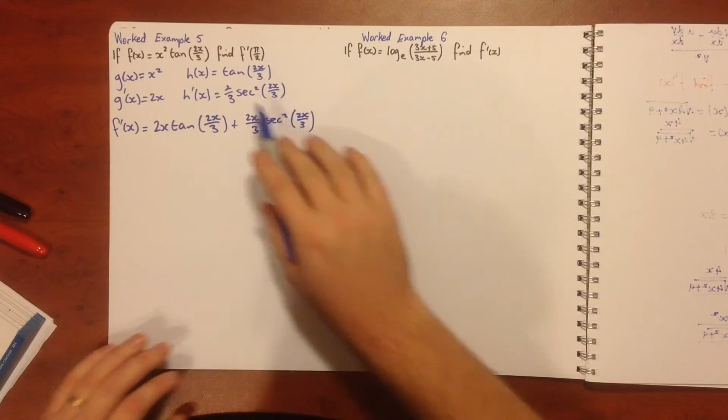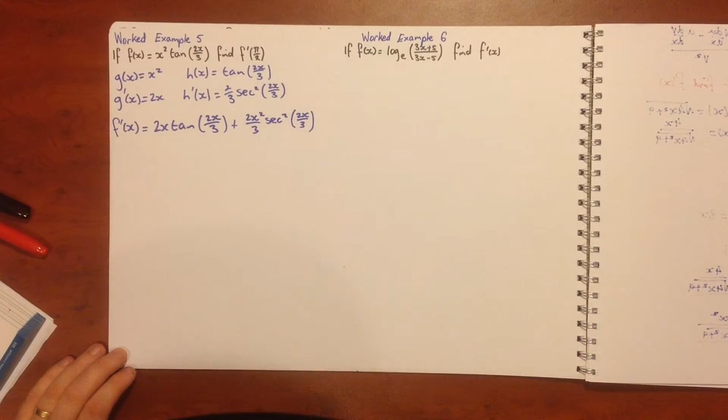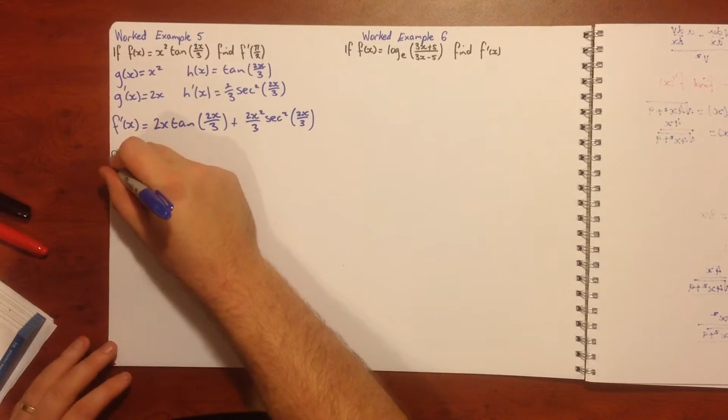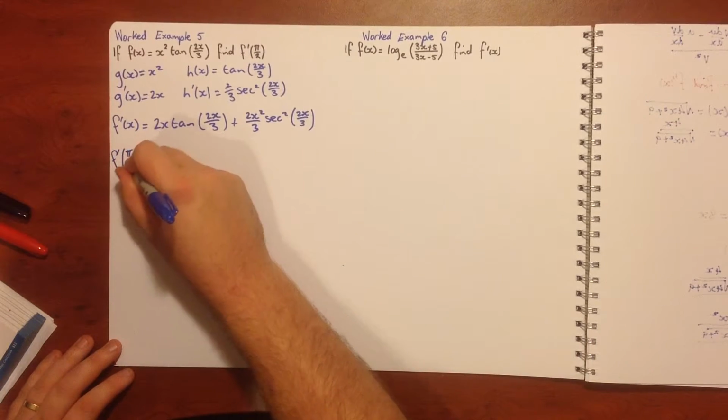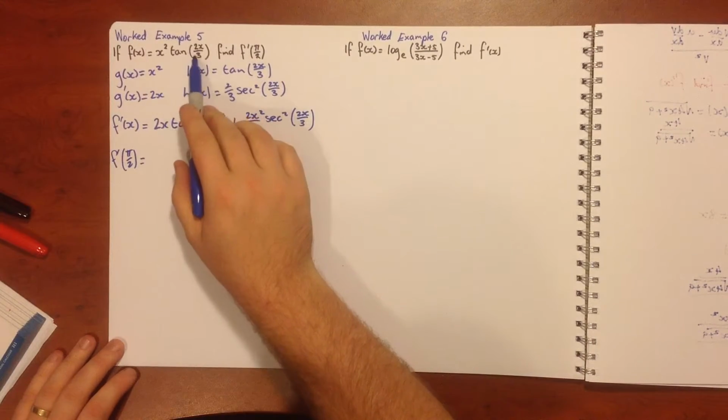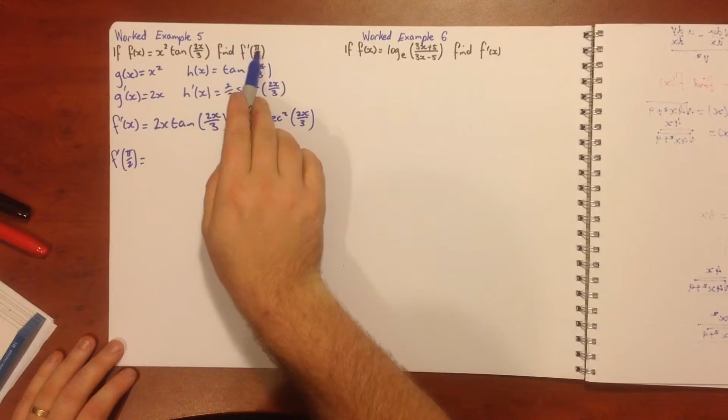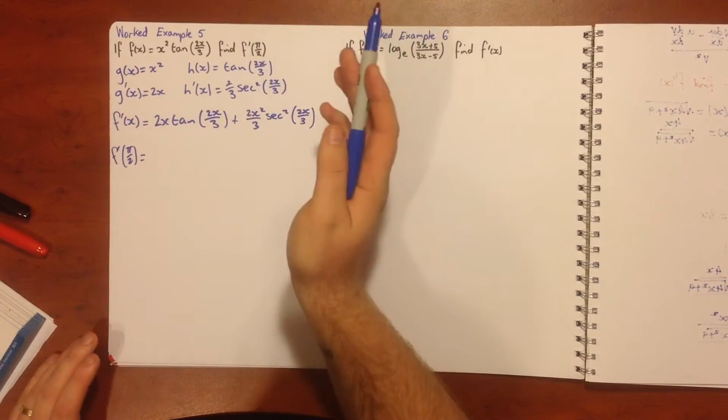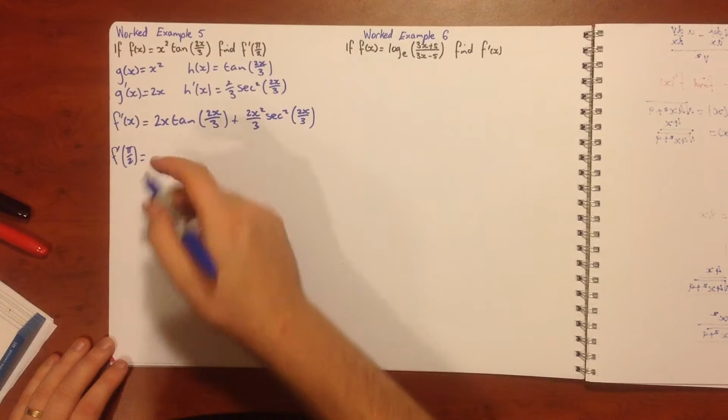Then, oh no, sorry, we want to find it when x was pi on 2, so we can say f dash of pi on 2. And you'll see, even though you go, oh yeah, it's got tan and it's one of our nice values, it doesn't actually work out that great because of our other x's out the front.